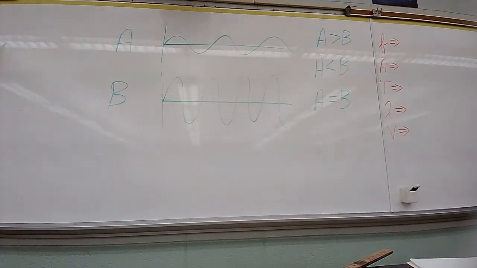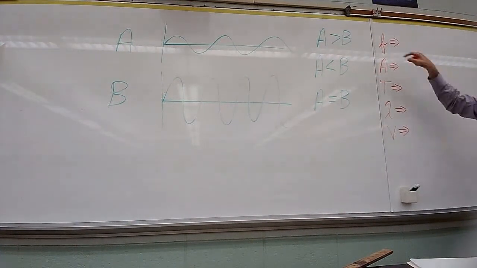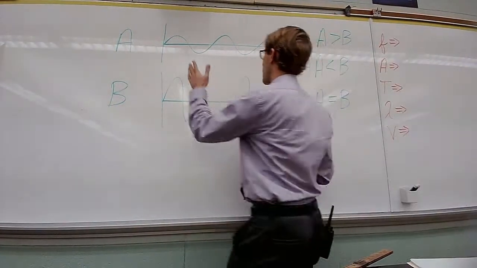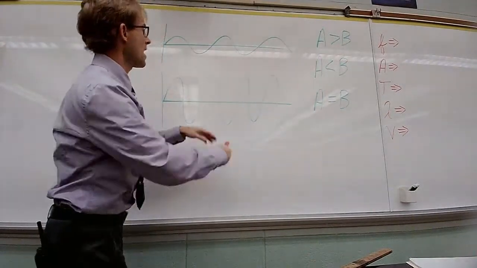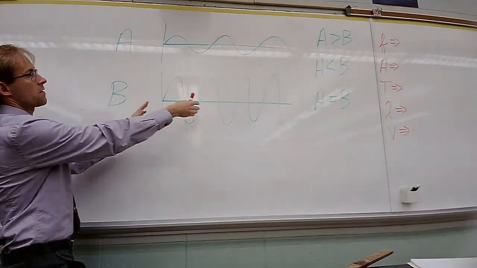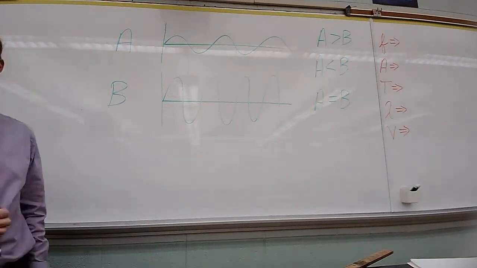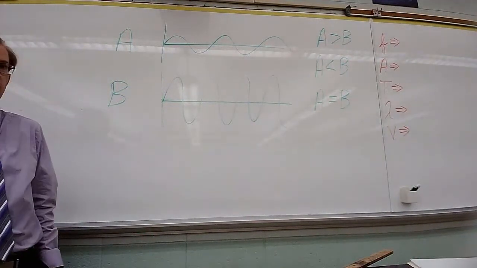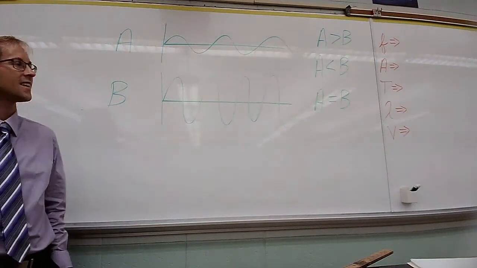So let's take a look at this then. If we're solving for which of these waves has the greater frequency, what we're really looking for with frequency is how frequently these waves are passing a certain point. How often do we have a new wave crest occurring? The more frequently we have a new wave, the higher the frequency is going to be.